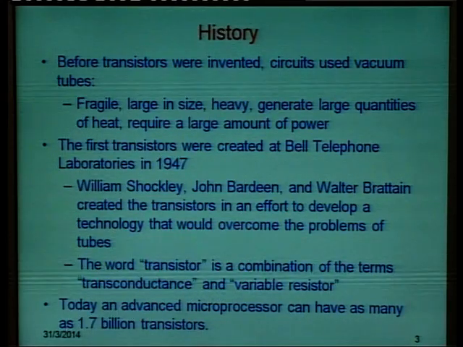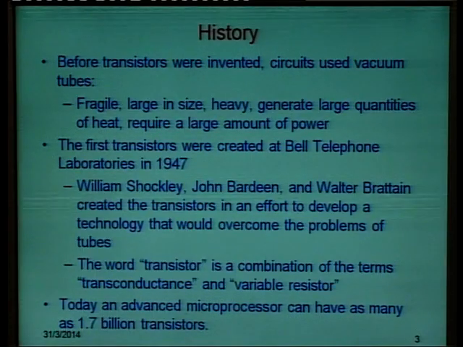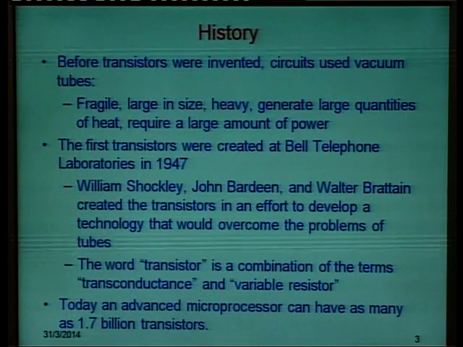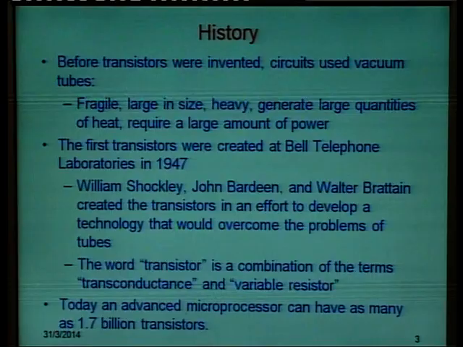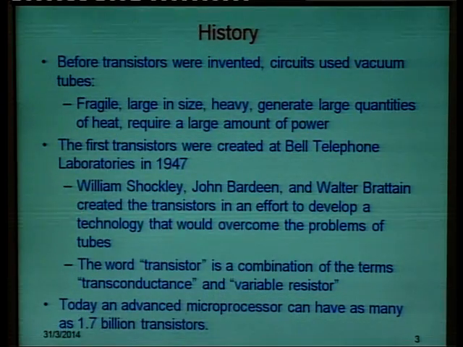The first transistors were created at Bell Telephone Laboratories in 1947. William Shockley, John Bardeen, and Walter Brattain created the transistors in an effort to develop a technology that would overcome the problems of the tubes.